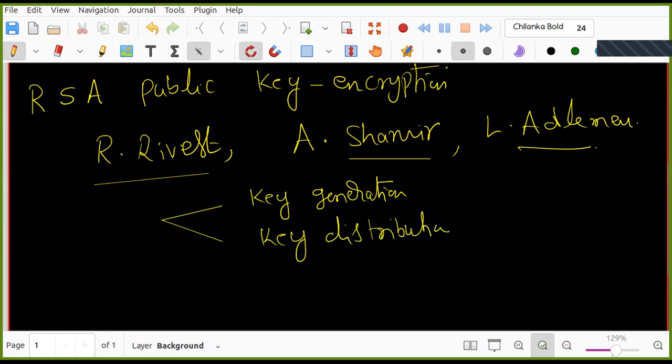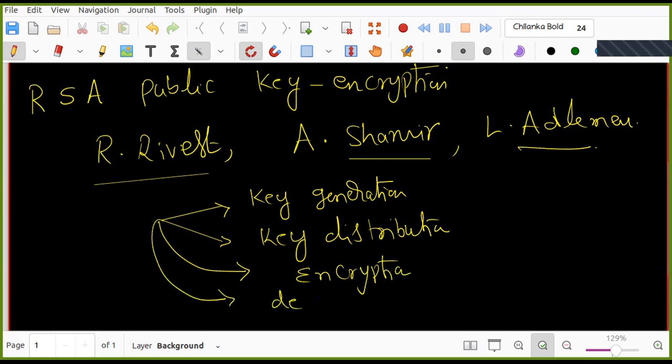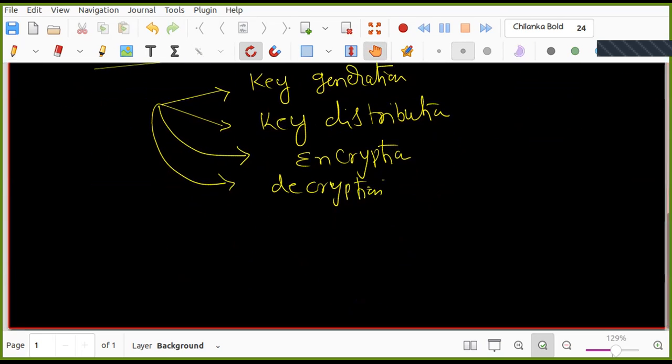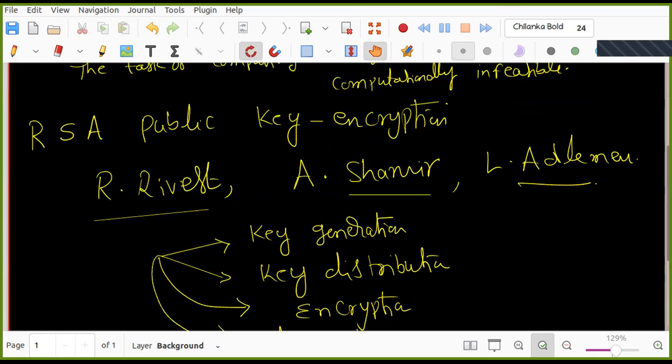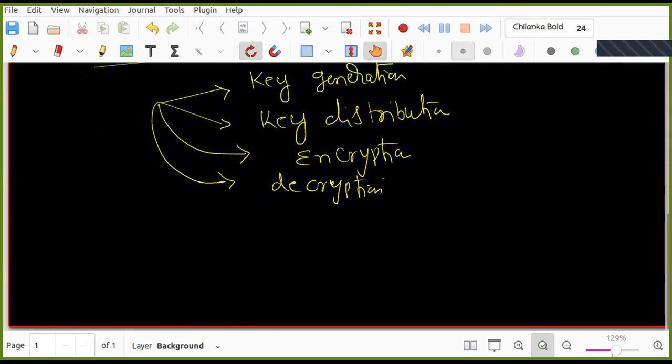Then encryption, and then decryption. These 4 items are there for any public key crypto system or asymmetric crypto system, right? So now I'm going to tell how it goes in RSA.